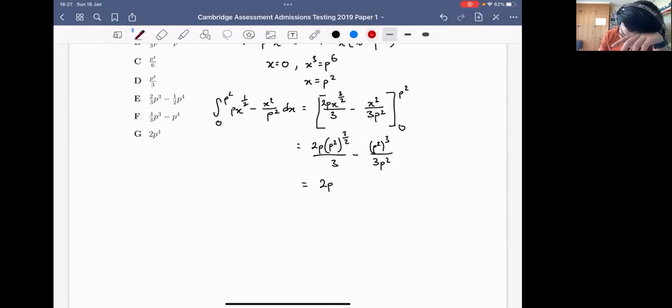The 2 cancels out, leaving you p cubed. Multiplying that by p gives you p to the 4 over 3 minus p squared cubed is p to the 6. Canceling that out with the denominator is p to the 4, which is that. And this nicely cancels out again to give you that. And the answer should be D.